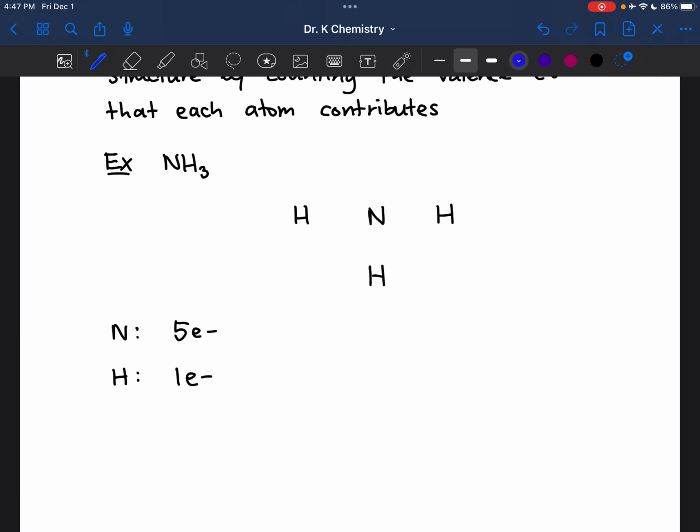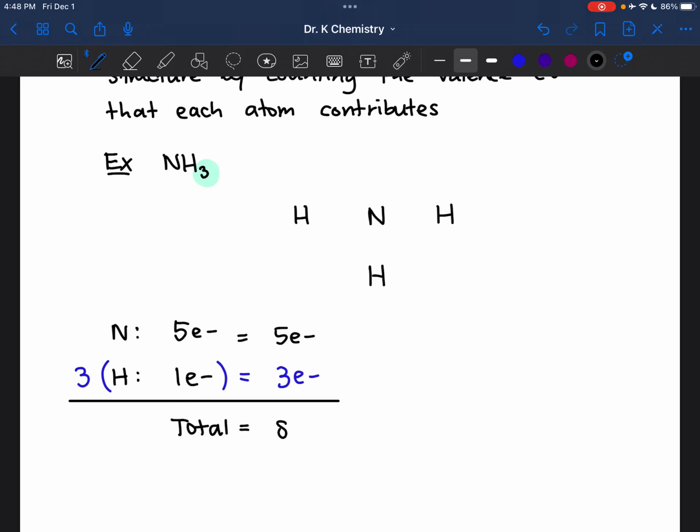Now notice, looking at the subscript, that there are 3 hydrogens in that chemical formula, and we need to account for that when we're counting our electrons. So I'm going to multiply the number of electrons that hydrogen brings by 3, which gives us 3 electrons in the formula. And then we're going to add all of that up, and the total number of valence electrons in this structure is 8.